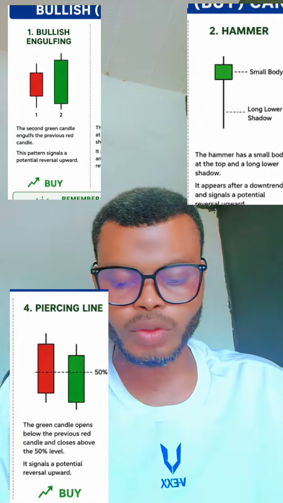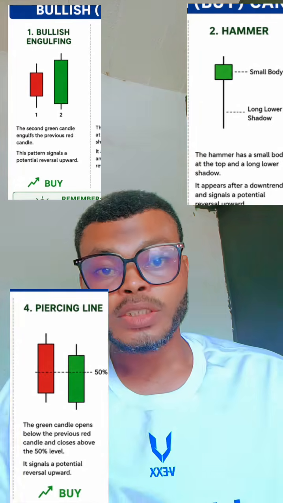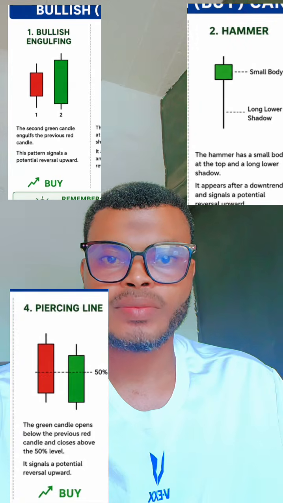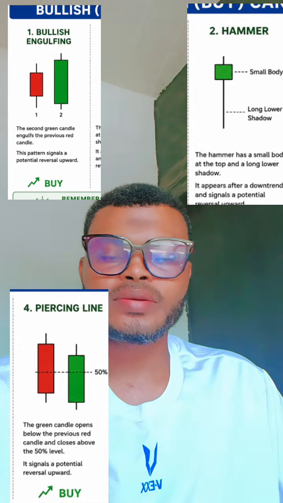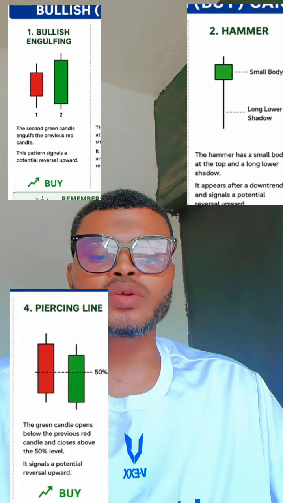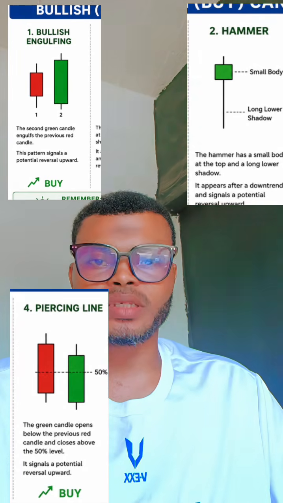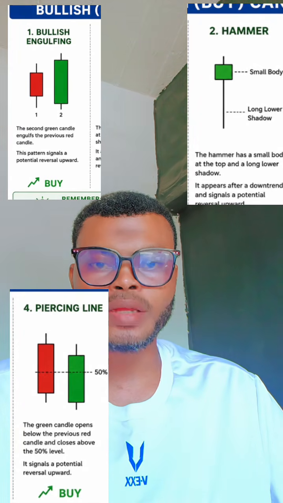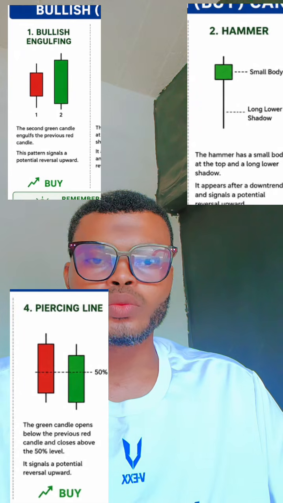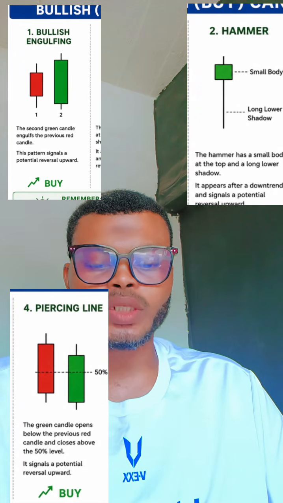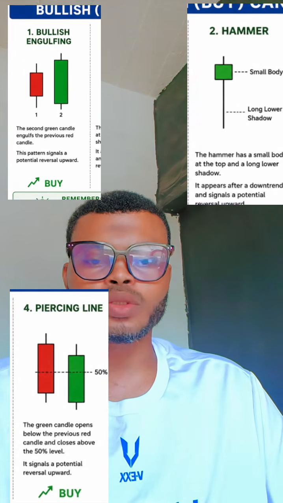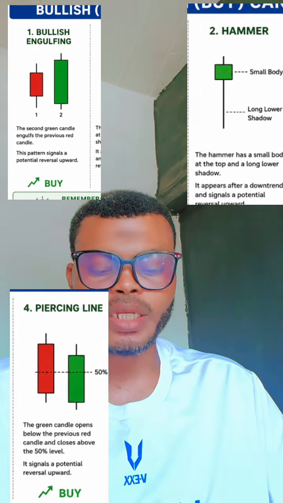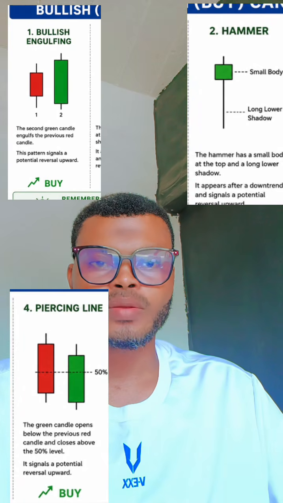So you must confirm them with the support level. You must also check the high trading volume of that particular cryptocurrency coin. Check the RSI as well, and the RSI must show oversold. And what is oversold exactly? It means the RSI must be below 30.